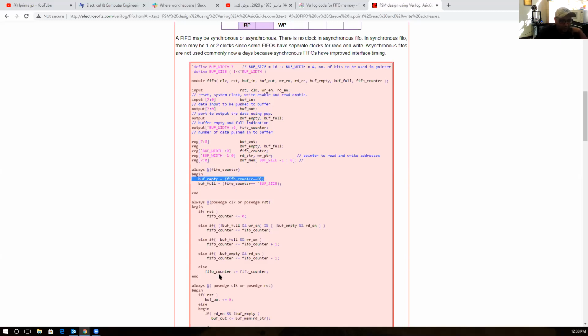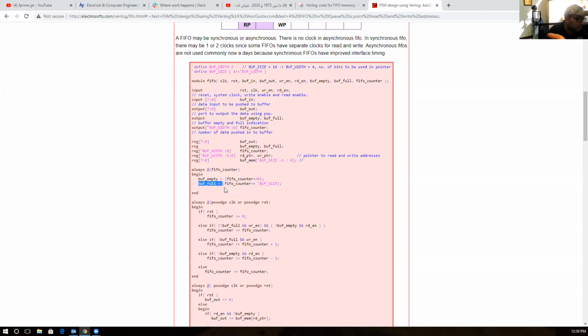Look. So basically, when FIFO counter equals 0, be sure buff empty is 1, to be high. And be sure when the FIFO counter reaches 16, the buff full will be equal to 1. This is a way I didn't show you before, but it's actually in the old generation Verilog.